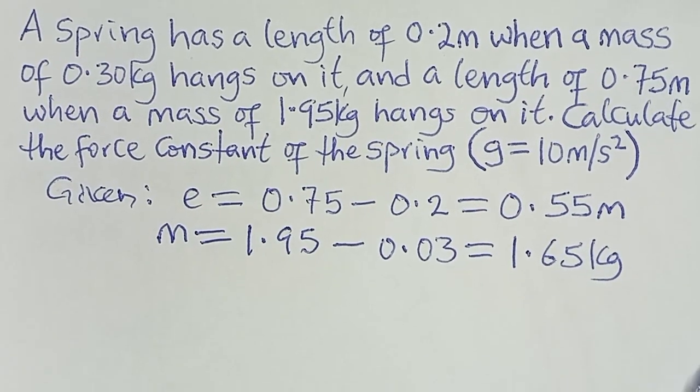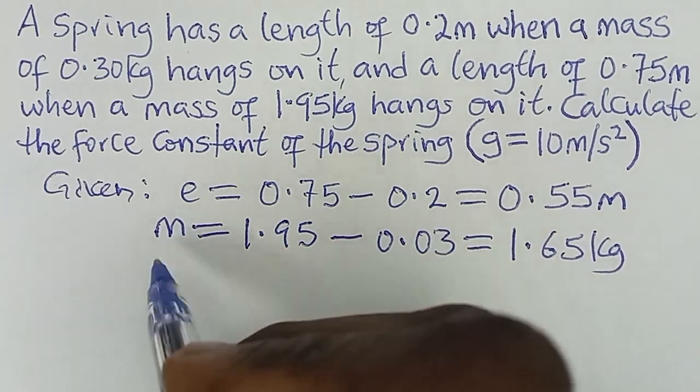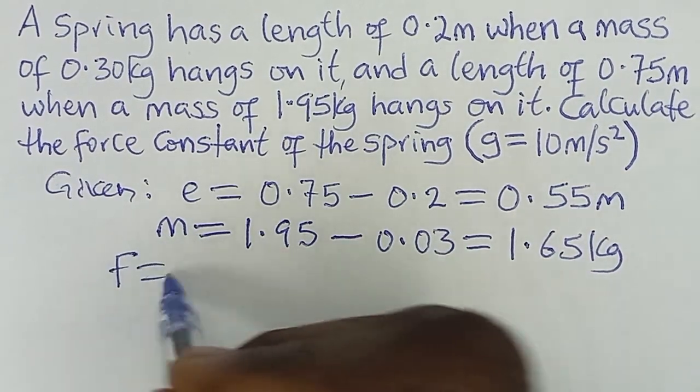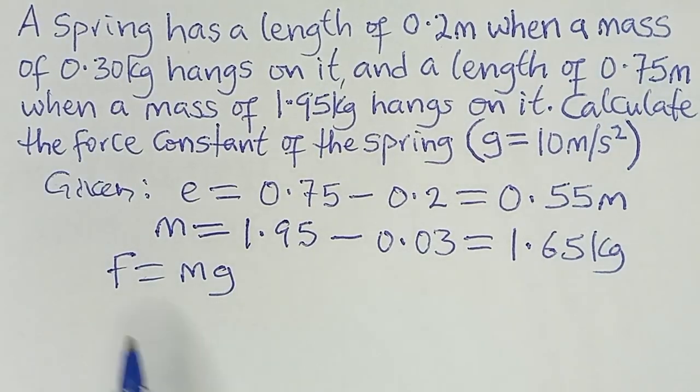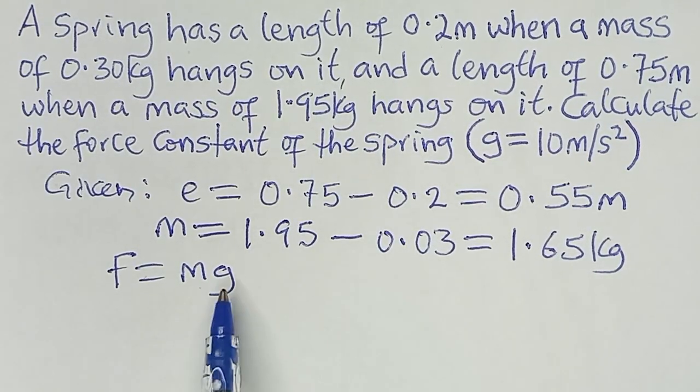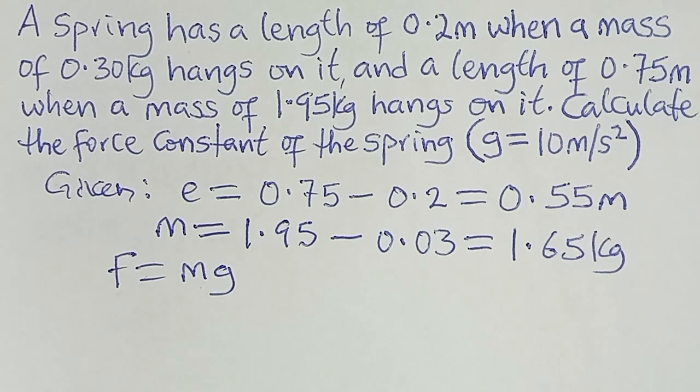Don't forget, we can always convert mass to force, because force is equal to weight, mass times gravity. So the mass of a body multiplied by the acceleration due to gravity gives us the weight of that body, which is also the force acting on it, the resultant force of the body.